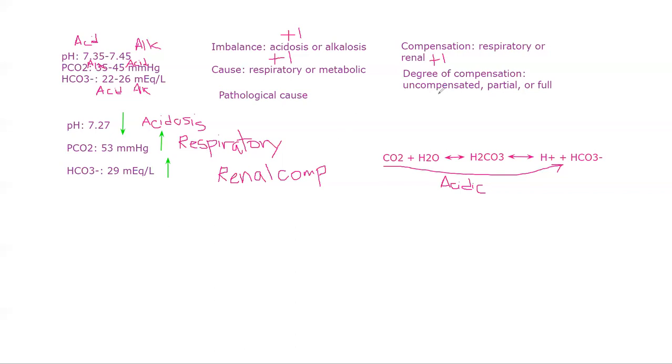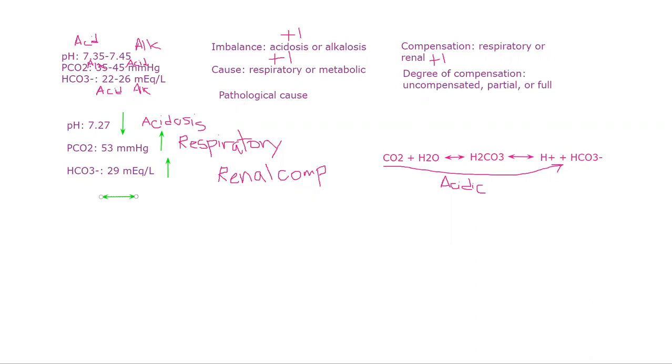Now, how do I decide if it's uncompensated, partial compensation, or full compensation? Well, if it were uncompensated, that means my kidneys would not be doing anything to fix the problem. So that would be a case where the arrow value is just a straight line, no change, within normal range.